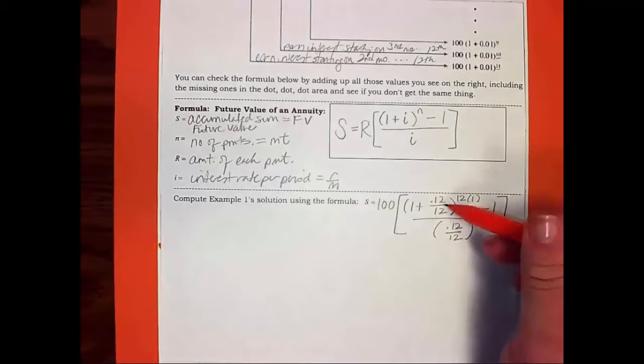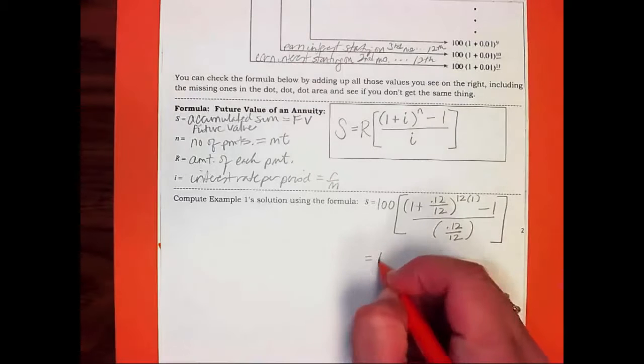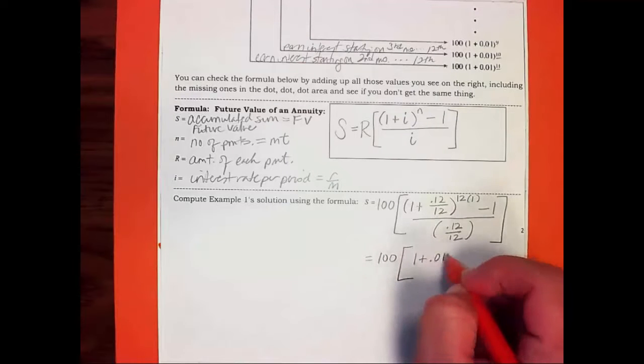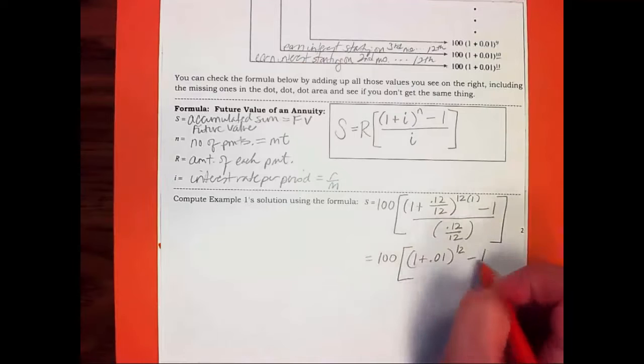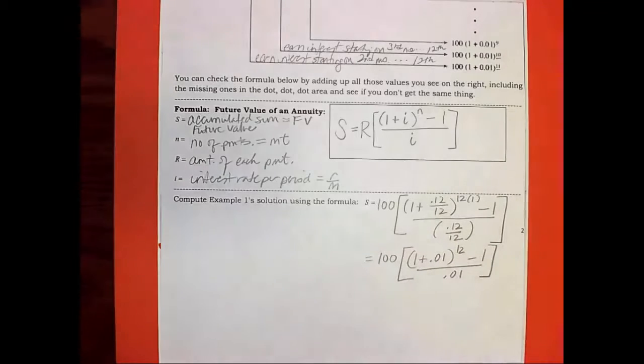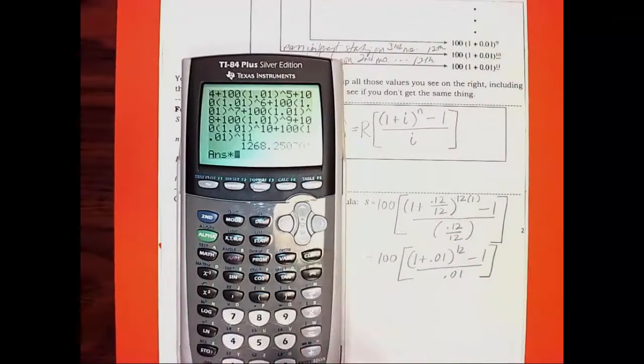So if you wanted to go ahead and simplify that 0.12 over 12 to 0.01 like we had before, that would make your calculations easier in your calculator. And then you can type that in. Oops, so we had the 1268.25 before.